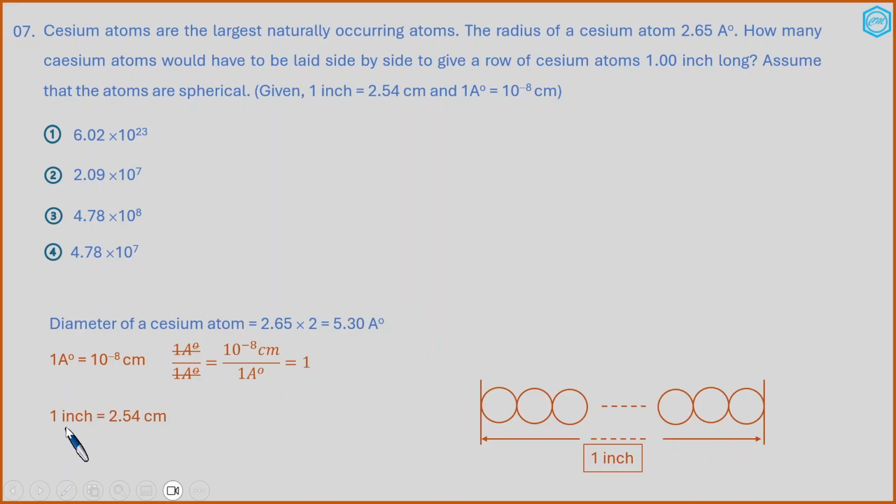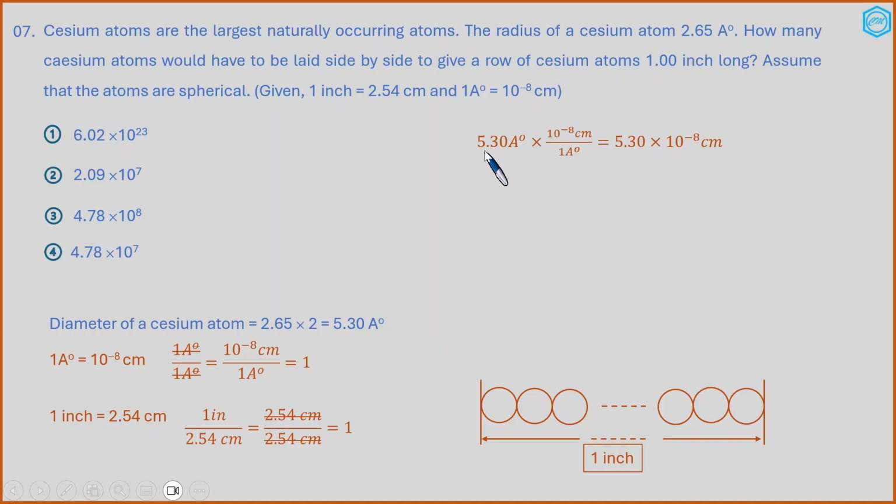Similarly, it is given that 1 inch is equal to 2.54 centimeter. So we divide by 2.54 centimeter, 1 inch by 2.54 centimeter is equal to 1. That is the second unit factor. First we convert angstrom to centimeter. How many cesium atoms would have to be laid side by side in a row of cesium atoms of 1 inch long?